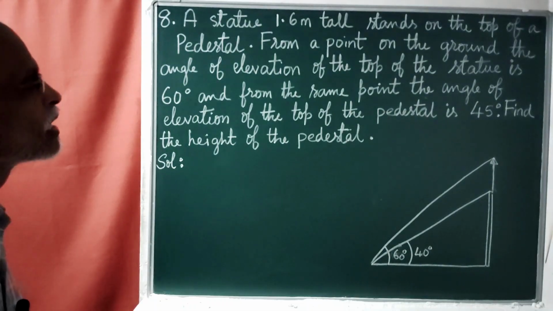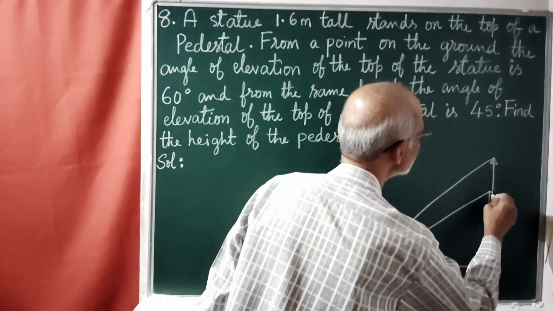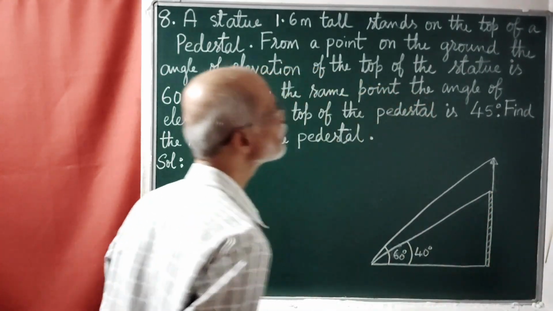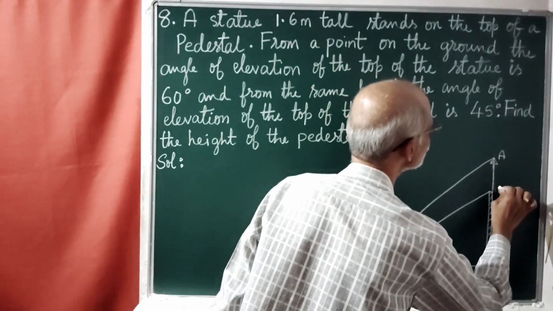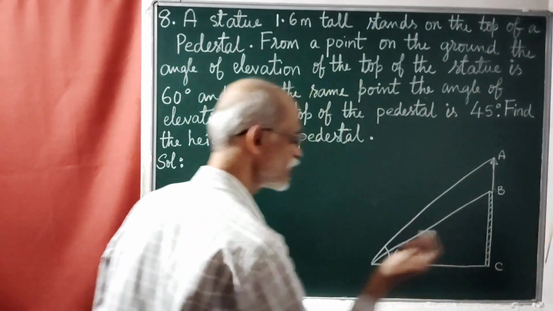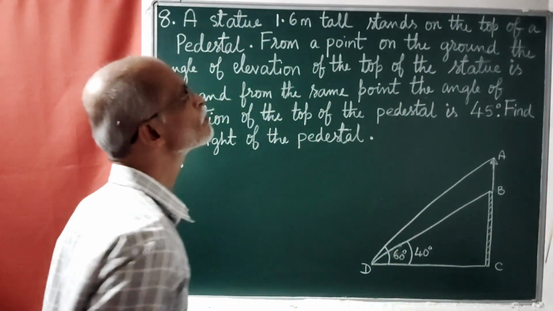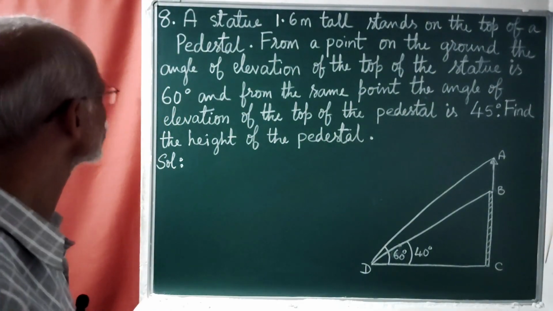Now we have to find the height of the pedestal. Now we will name it. AB is the statue and BC is the pedestal and D is a point on the ground. Now here the statue's height is given to us.